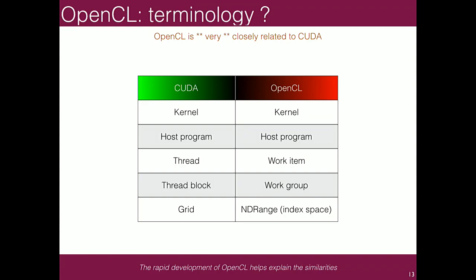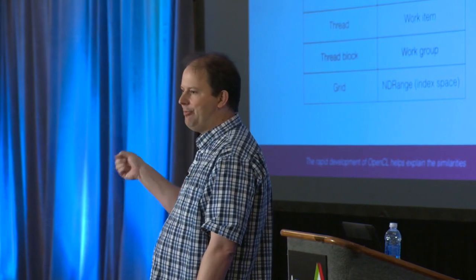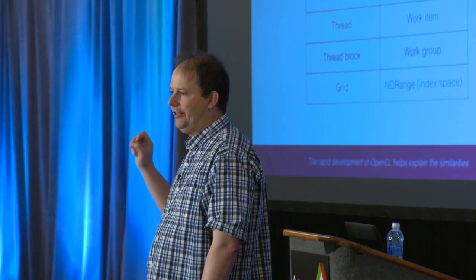The terminology is very similar. Kernels, host programs, threads become work items, thread blocks become work groups. Part of making the generic translation between thread and work item is because they don't necessarily want you to think of a work item as an actual thread, because it may not be a thread, right? And a thread is an overstatement of exactly what is happening at the level of a floating point unit on an NVIDIA chip.